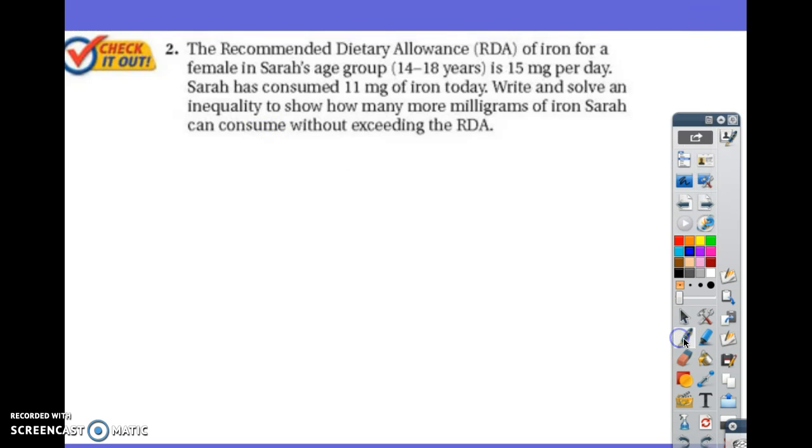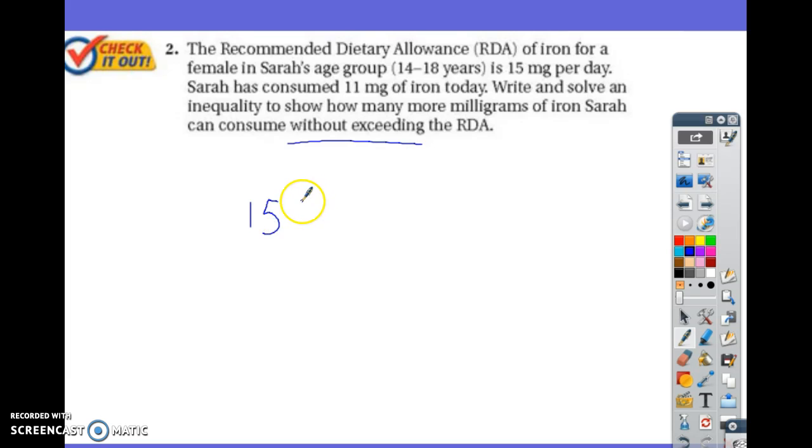Without exceeding. So that means that 15 is the maximum that we have, but it could be equal to 15. So here we're going to say we have 15 milligrams. That's a key part of the equation. And we have that she's already consumed 11. So she can only eat x more milligrams, okay?